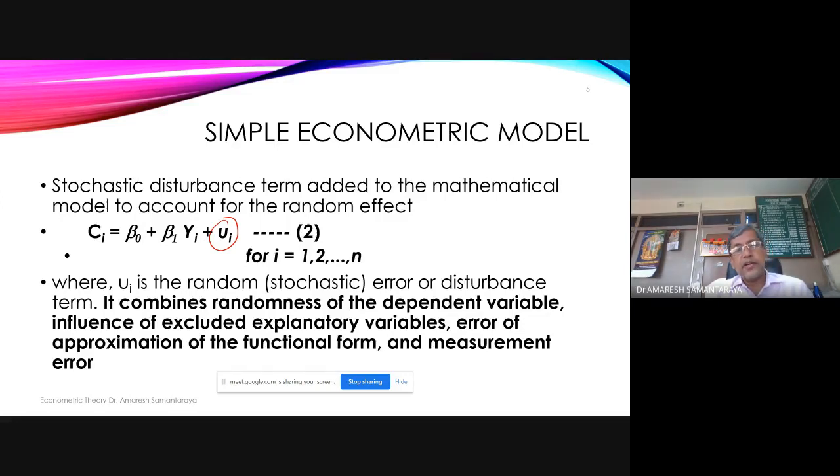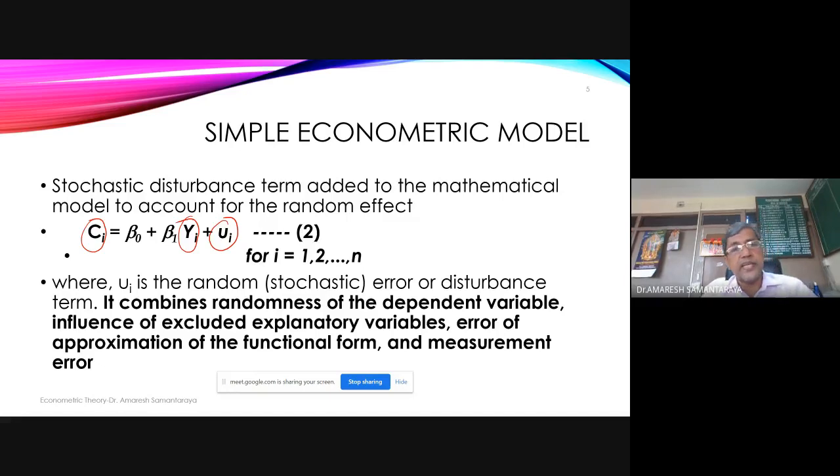So when we call the left hand side variable endogenous, we'll call the right hand side variable exogenous. When we call the left hand side variable the dependent variable, we'll call the right hand side variable the independent variable. When we call the left hand side variable the explained variable, we'll call the right hand side variable the explanatory variable. Okay, so we discussed Ci, we discussed Yi.